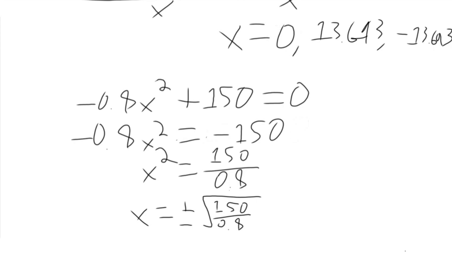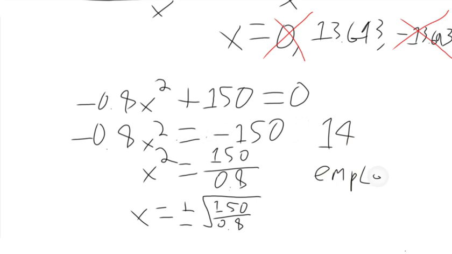Now, if we have 0 employees, that's not going to make it very effective. So we're not interested in that answer. Can't have a negative number of employees. So all we have left is this 13.693. And we have to round that to the nearest employee. So basically, our final answer is 14 employees. Don't forget your units here, employees.